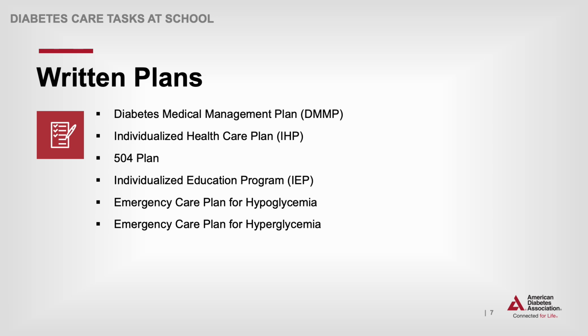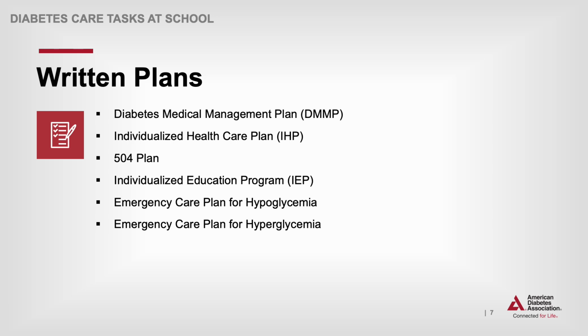The Individualized Healthcare Plan is developed by the school nurse to implement the DMMP. The IHP communicates the nursing management strategies for the student in the school setting. A 504 plan is the term commonly used for the written plan developed under Section 504 of the Rehabilitation Act.